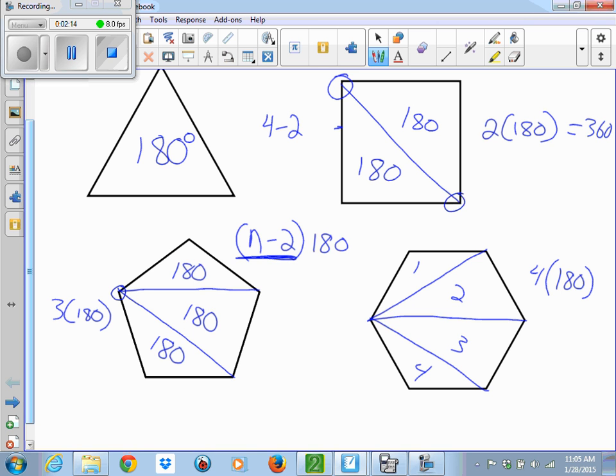We subtract 2 from it, and that means there are 2 triangles in it. Same thing for a pentagon. We have 5 minus 2, which gives us 3 triangles, which is where we had the 3 here. For a hexagon, it's 6 minus 2 times 180, so that gives us our 4. And it's the same all the way throughout.